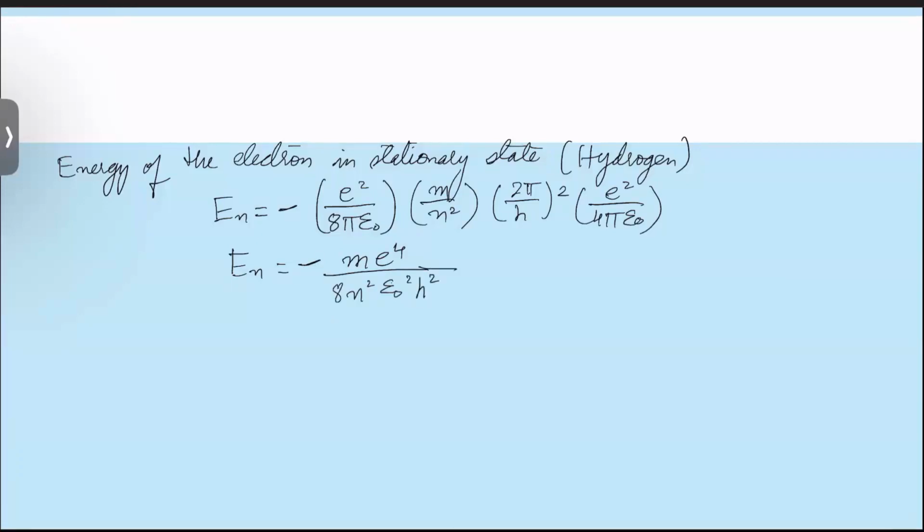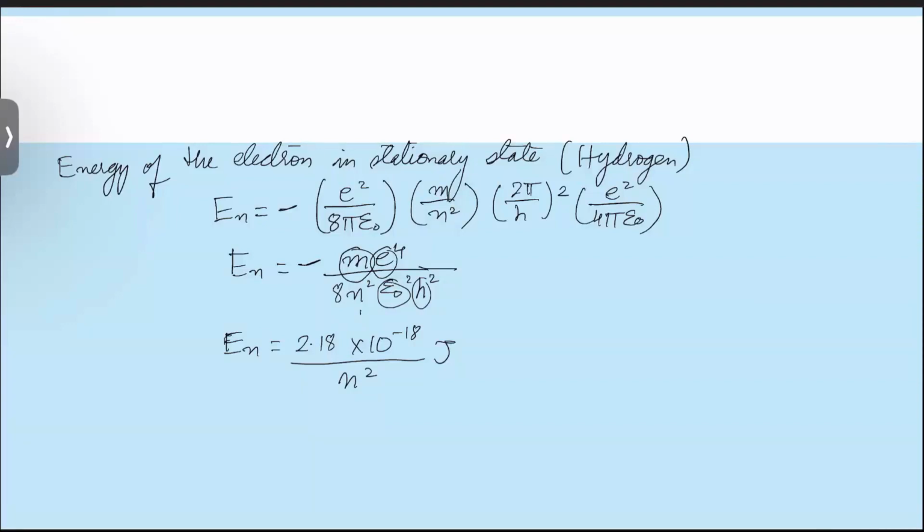Again, if you substitute for m, e, h, and epsilon 0, at any particular n, your En reduces down to 2.18 into 10 raised to minus 18 upon n square joules. So this is your atomic energy.